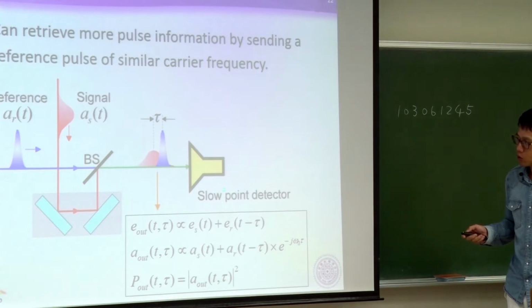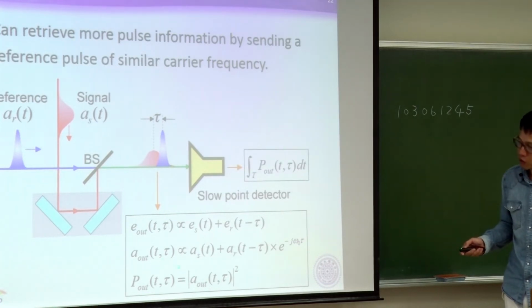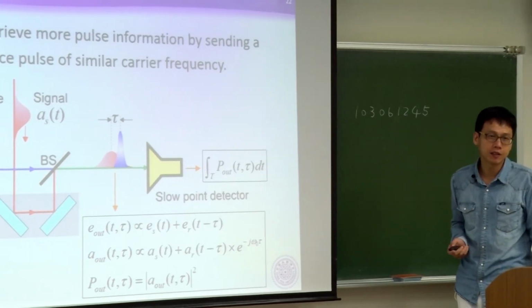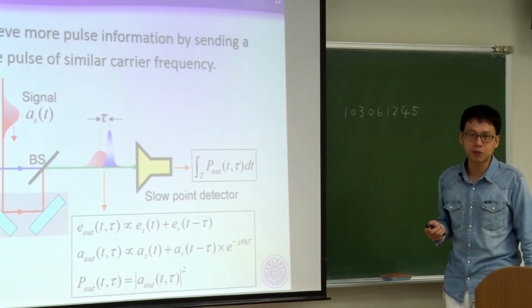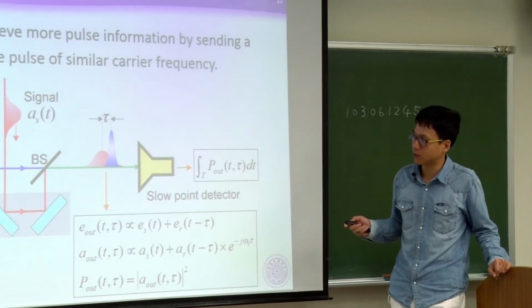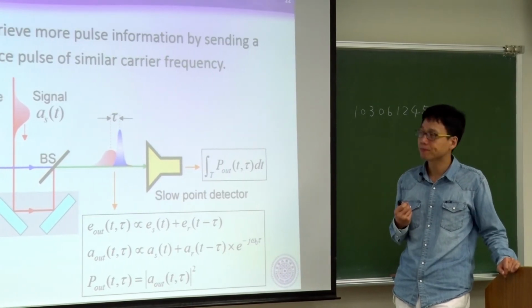And the slow point detector can only measure the average power. So this is the laser power, which is absolute square of envelope function. And we cannot measure the envelope itself, but the time average. Okay. So everything is very similar as the analysis of field autocorrelation, except that now you have signal and the reference. You have two inputs.